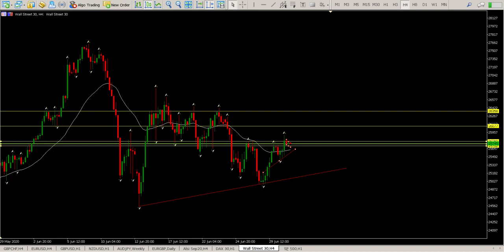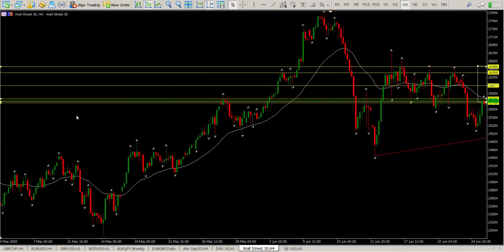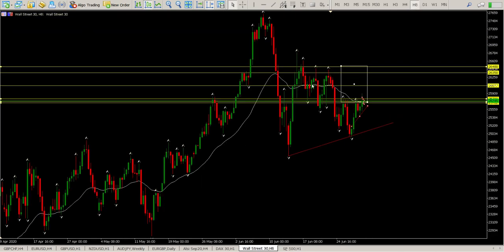So the last thing that we haven't done is just have a look at this. What is this measured move? It's going to be right over there. If I look to the left, there's nothing really much to the left here. Let's look on the 8-hour.